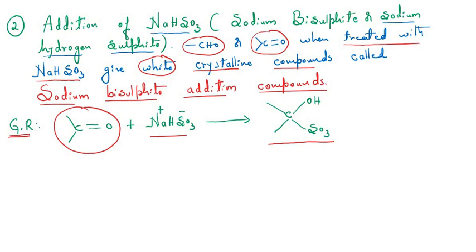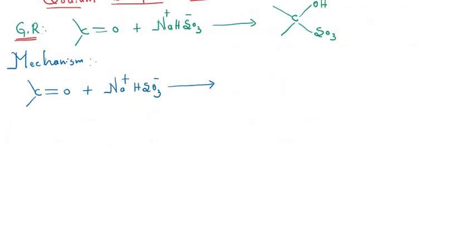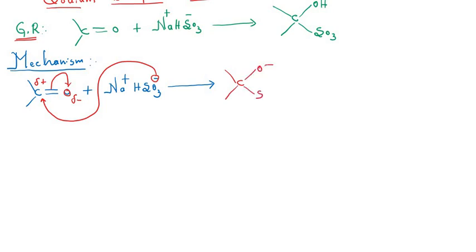Let us see the mechanism now. In this mechanism I have taken the aldehyde, or it can be a ketone, and we know that this pi bond is a weak bond because of sideways overlapping, and oxygen is electronegative, so this oxygen bears a delta minus charge and this carbon bears a delta plus charge. The nucleophile SO3H attacks this electrophilic center, and we get the intermediate C, followed by O minus, followed by SO3 and H. Right, students?